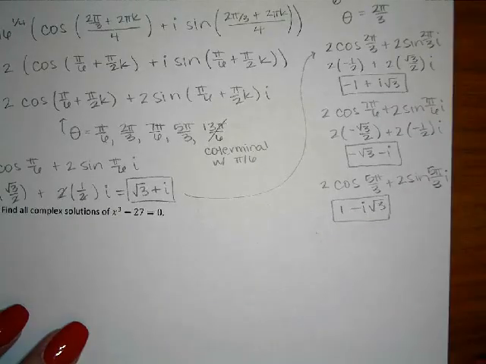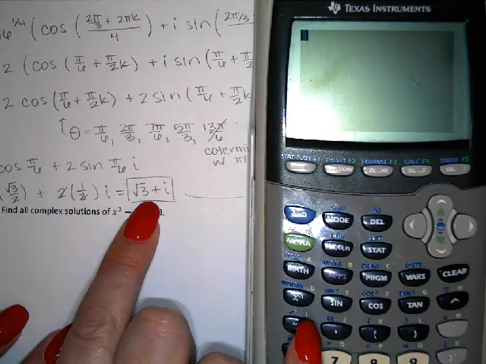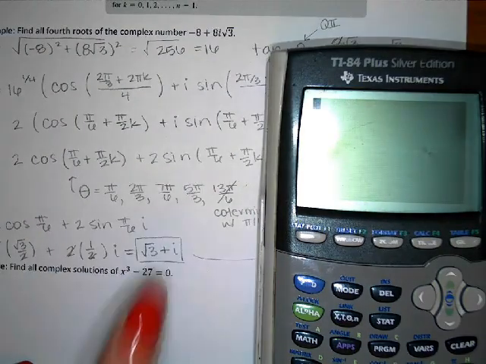So if I wanted to make sure that this was the fourth root of this complex number up here, then I should be able to take this number and multiply it by itself 4 times and get back to that original complex number.